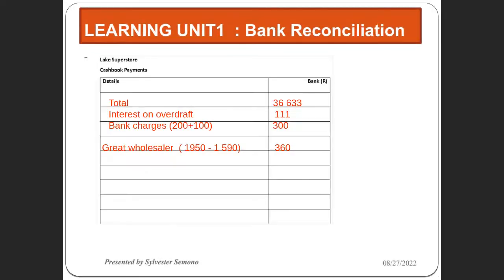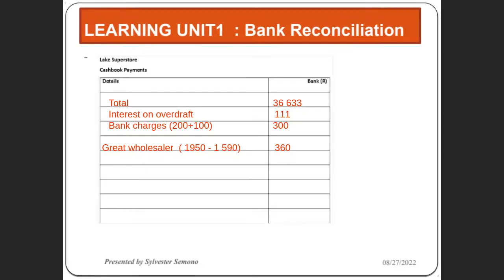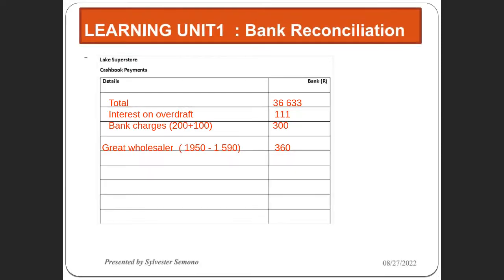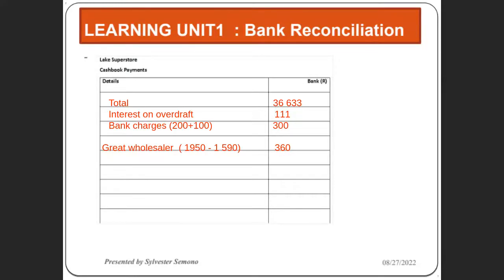Let's see. In the CBP, I'm going to write, what is that name? It's going to be Harry. Because of space, I'm just going to write Harry here. Harry who? Howard.